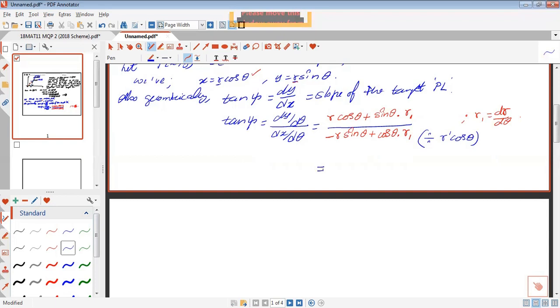So you will get r divided by r1 plus sin theta by cos theta, which is tan theta. r1 gets cancelled. Or you can write r1, that's better.